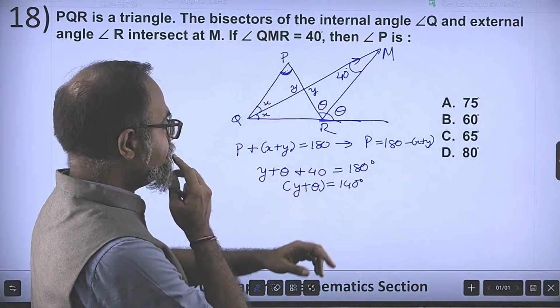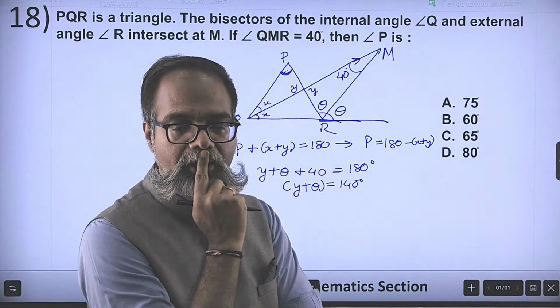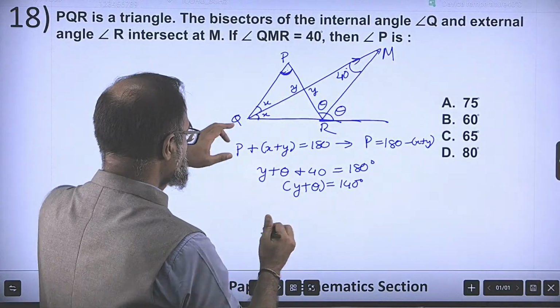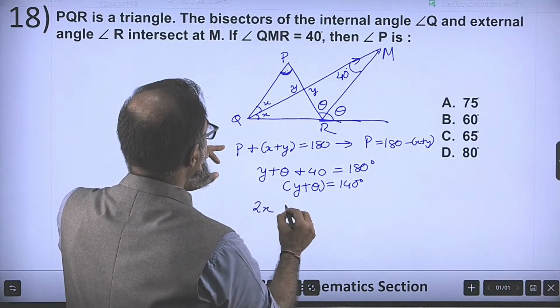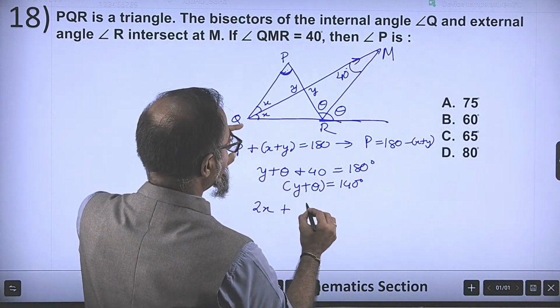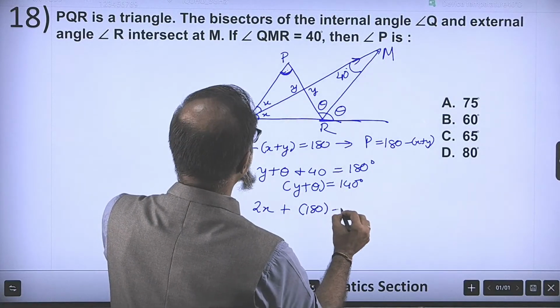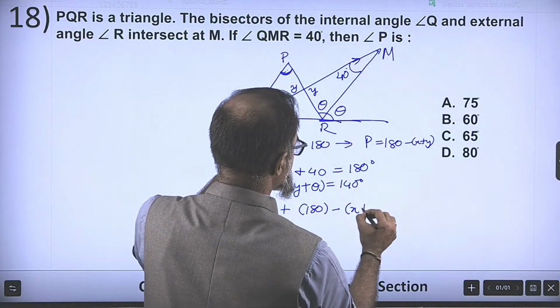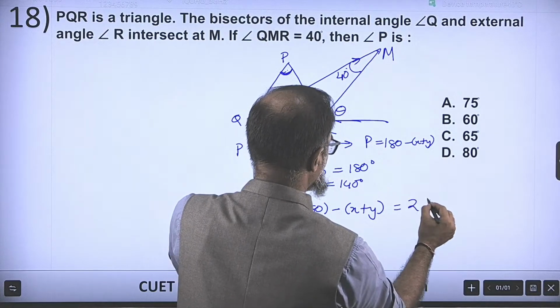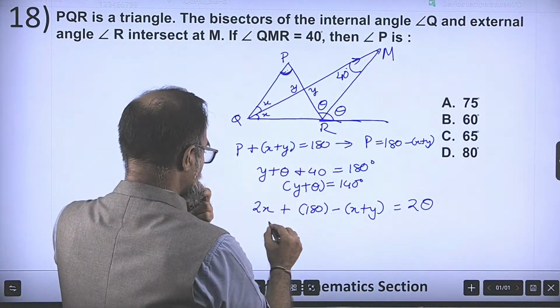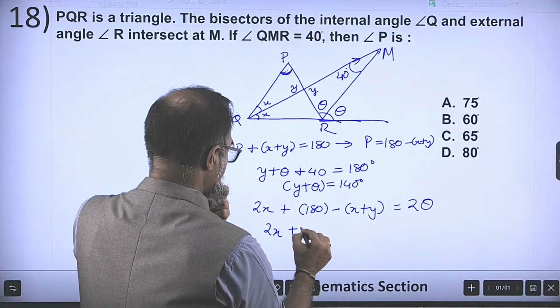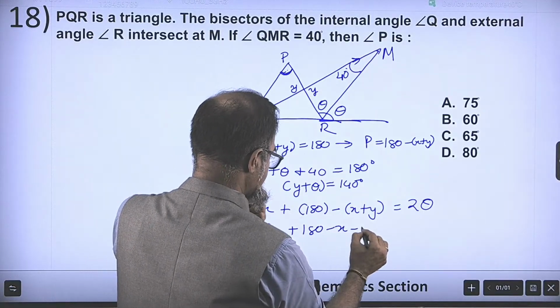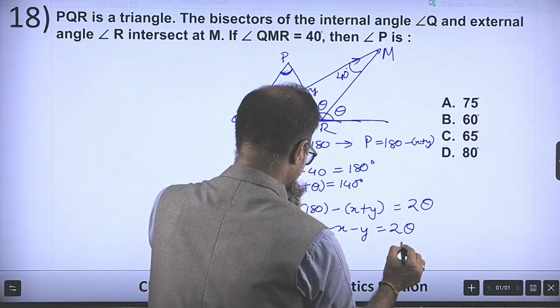So I got y plus theta is equal to 140 and 2x plus 180 minus x plus y is equal to 2 theta. Okay. So 2x plus 180 minus x minus y is 2 theta.